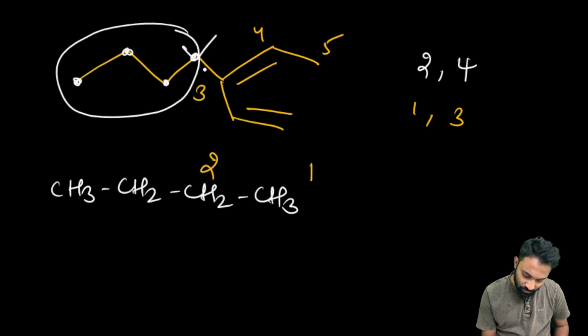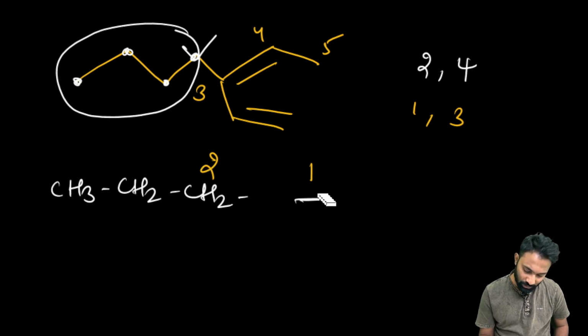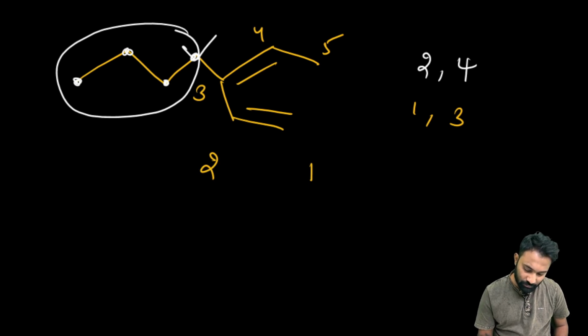But here it is attached to the parent carbon chain by the loss of one hydrogen. Clear? This is butyl. Then you can say the substituent is butyl. At which position is the substituent present? The third position, right? So the numbering will be 3 butyl.